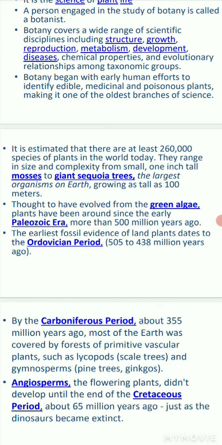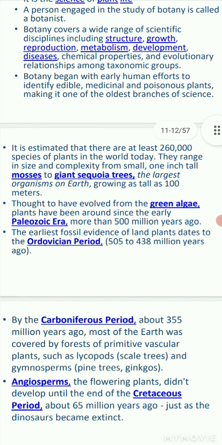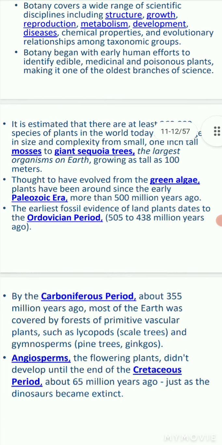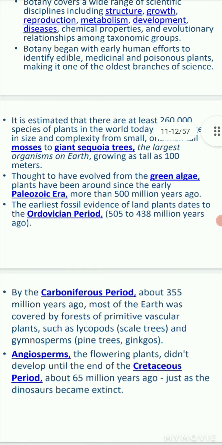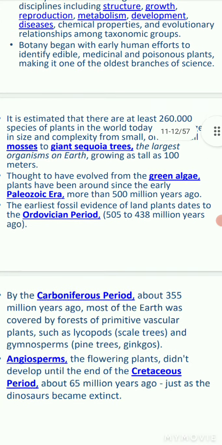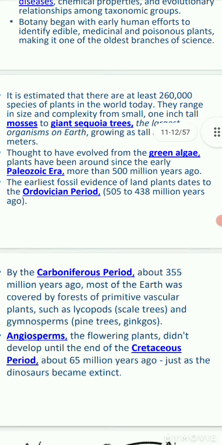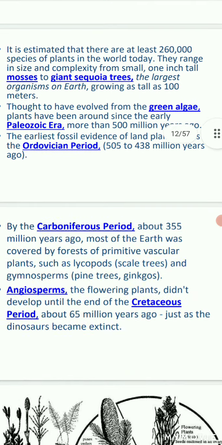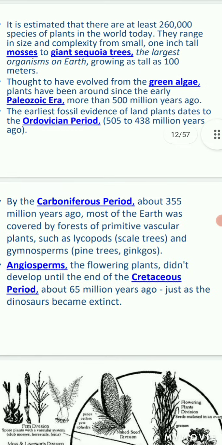The earliest fossil evidence of land plants dates to the Ordovician period, that is 505 to 438 million years ago. So in this way we are going to know how they developed on Earth planet, how they evolved from the smallest plants, microscopic plants, to the giant trees.